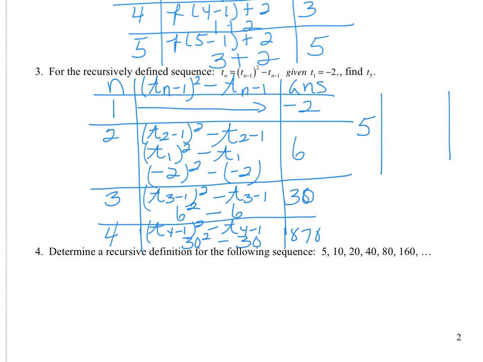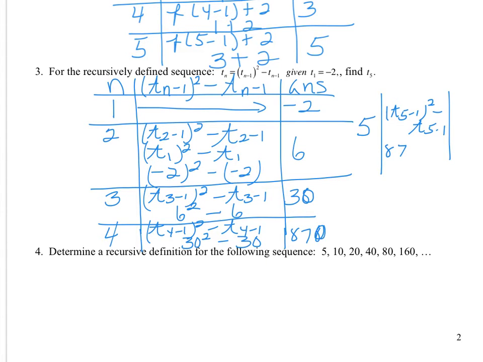So the fifth term will be t sub 5 minus 1, the whole thing squared, minus t sub 5 minus 1. All right, so 5 minus 1 is 4, so t sub 4 is 870.